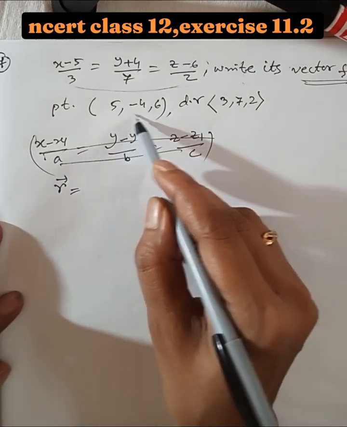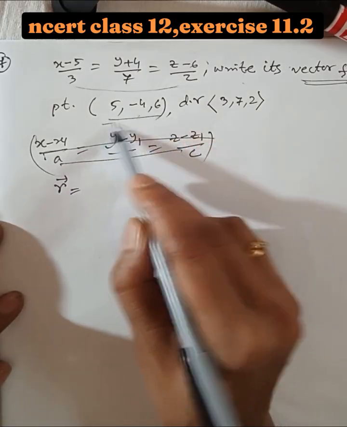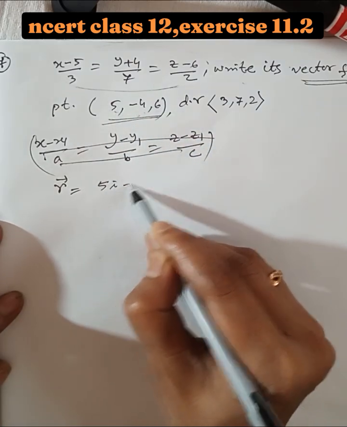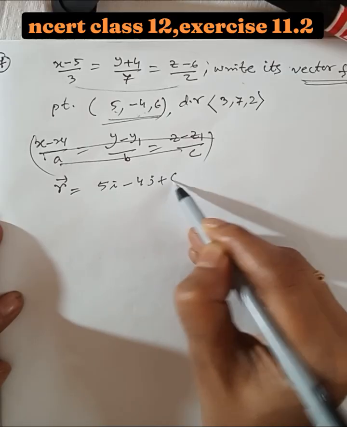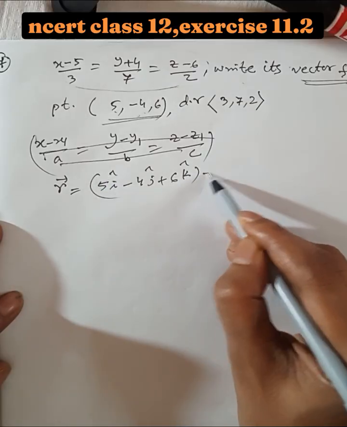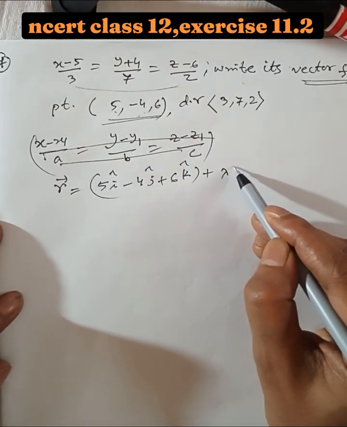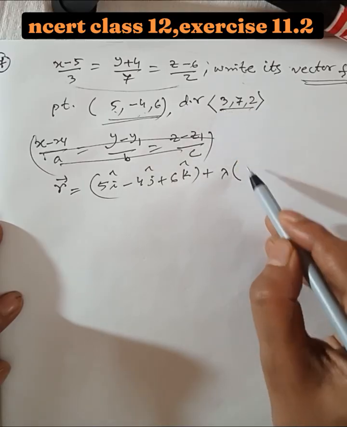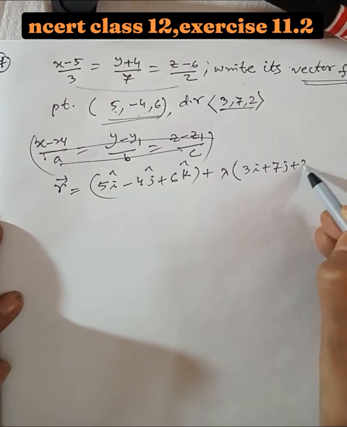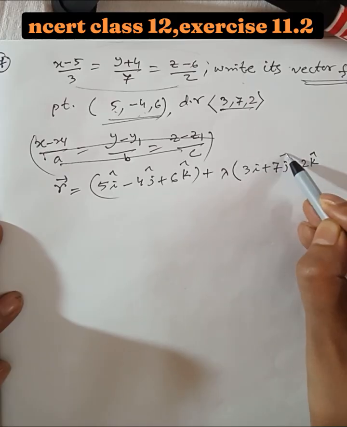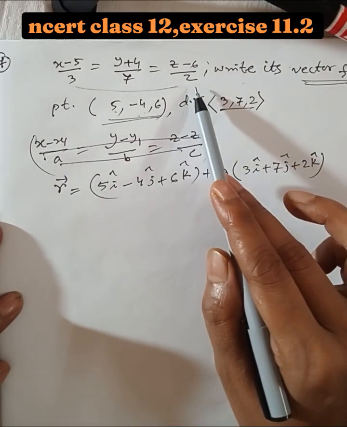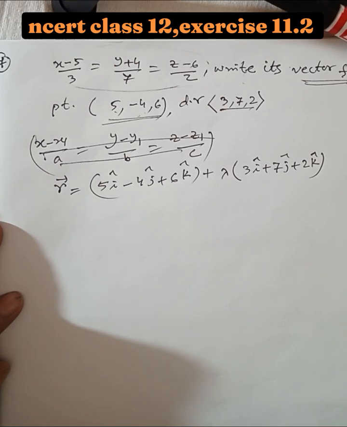The line is passing through point (5, minus 4, 6). So r equals 5i minus 4j plus 6k plus lambda, where lambda is an arbitrary constant, times the direction ratio 3i plus 7j plus 2k. This is the vector form of the given equation in Cartesian.